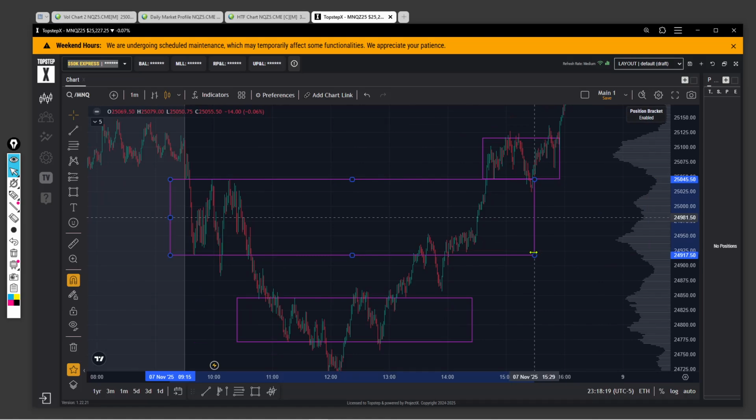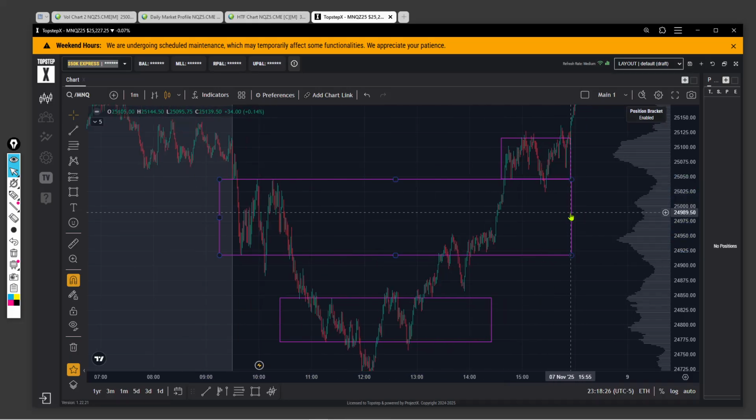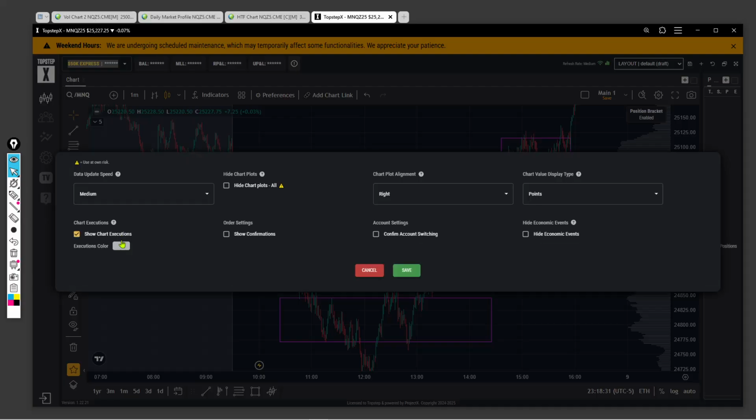You can even expand this range out to see how even when we re-enter the range, those levels are respected. Now let's see how I traded this range. Let me turn on my executions.